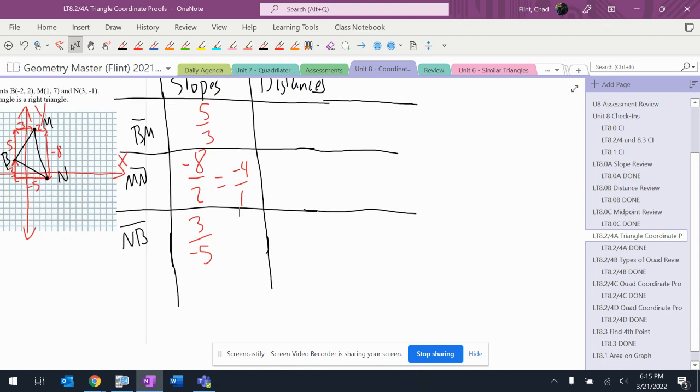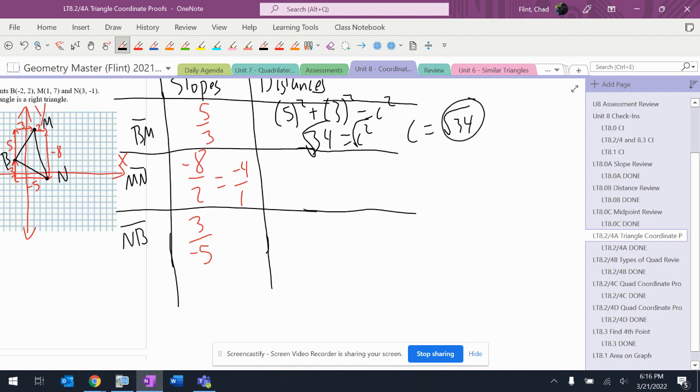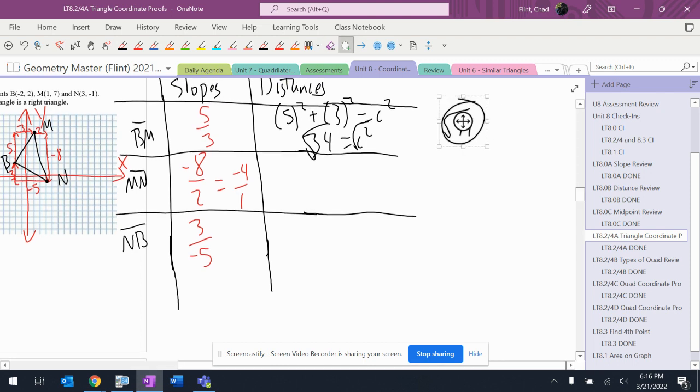All right, distances. I'm 5 squared plus 3 squared equals c squared, which is 34. So the square root of that one is square root of 34.